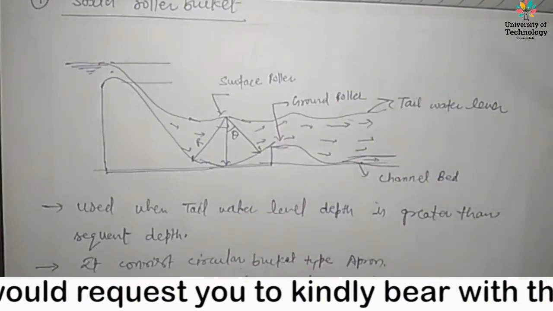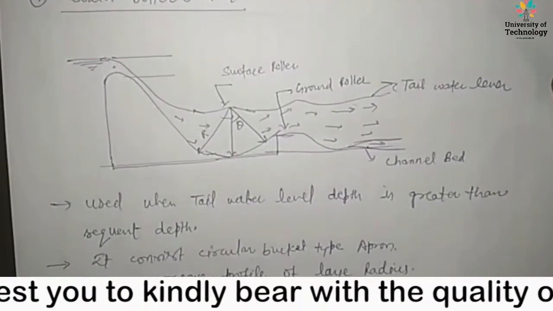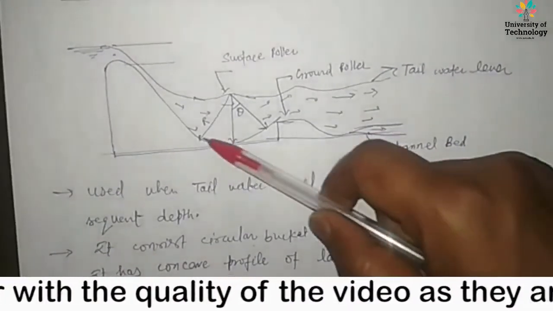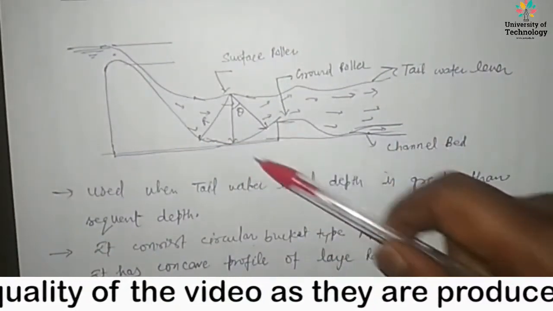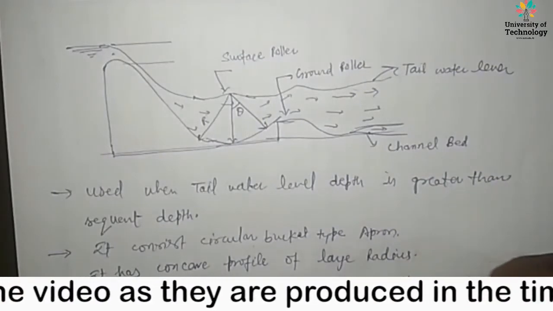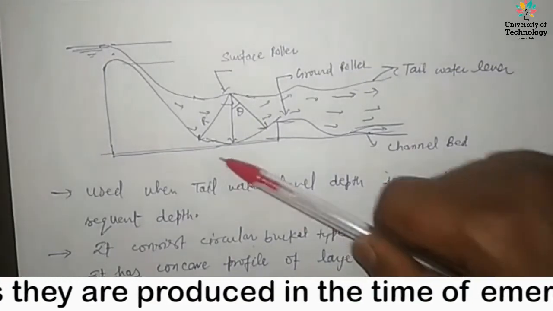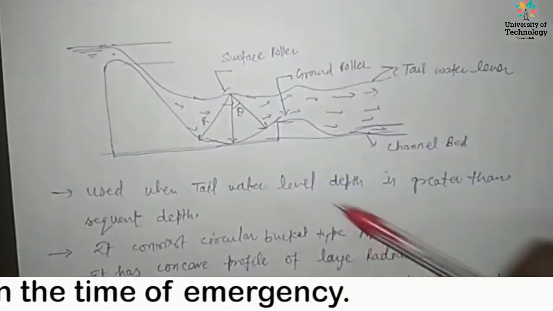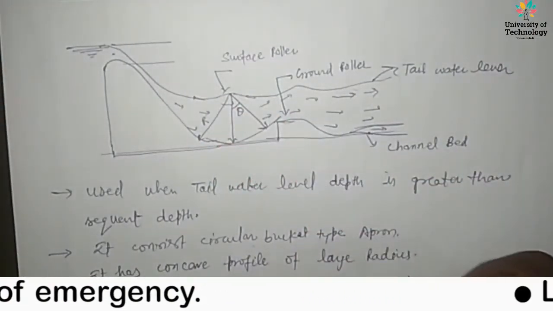Second point is it consists of a circular bucket type apron. Third point, it has a concave profile of large radius r.